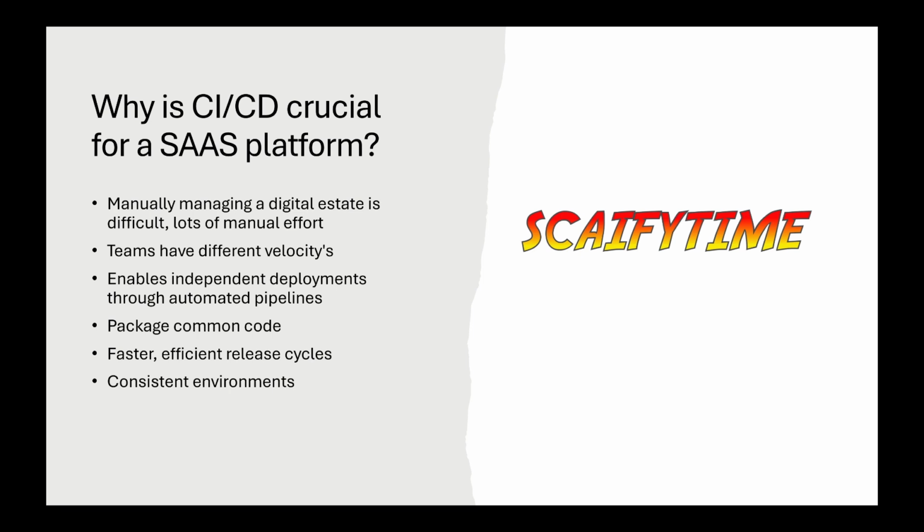Developers will complete their work at different speeds. Some teams will have a higher velocity, and teams generally own a product or service that will have different release needs to others. CI/CD enables independent deployments. This gives teams flexibility to have shorter or longer release cadences, where they can release work when it's ready or at a set interval.